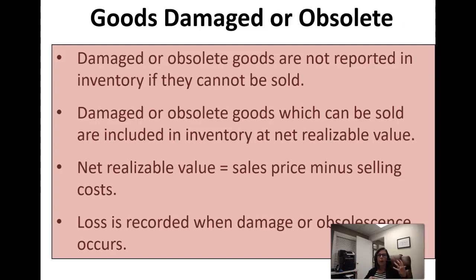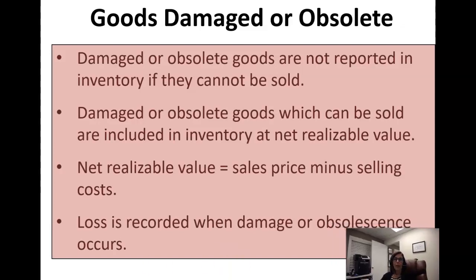Or, like in the case of technology, where new technology comes out pretty quickly, if you're selling iPhones and you've got a few of last year's iPhones in your inventory and next year's iPhones are coming in, those old iPhones may not be worth what you had originally paid for them at the time that they were the hottest technology on the market.